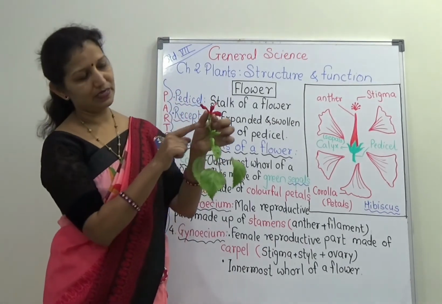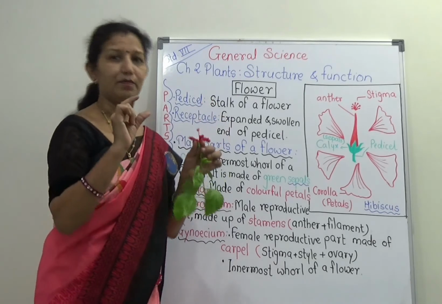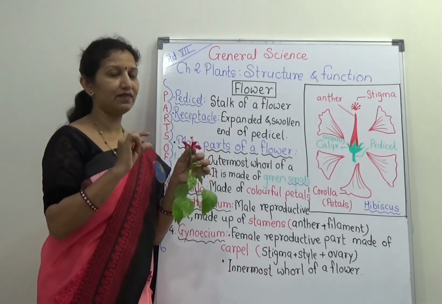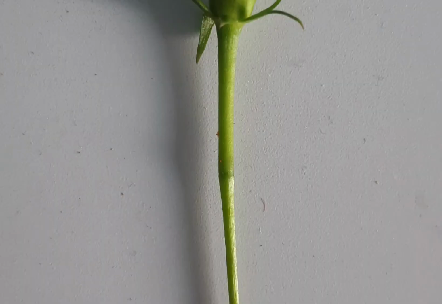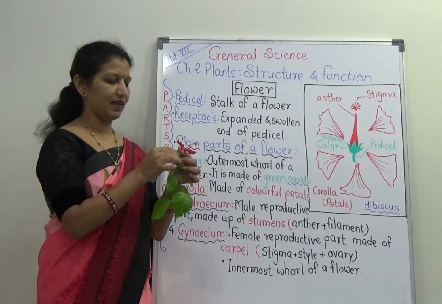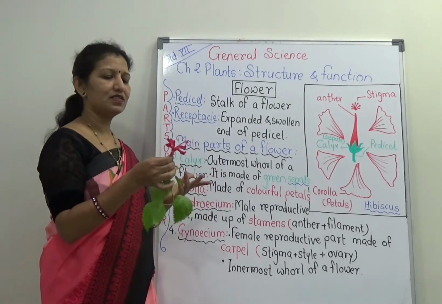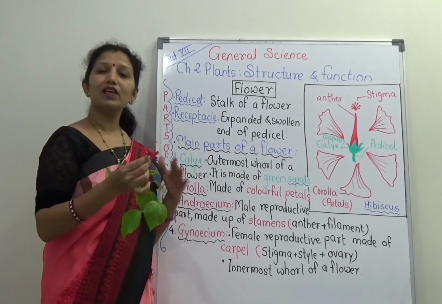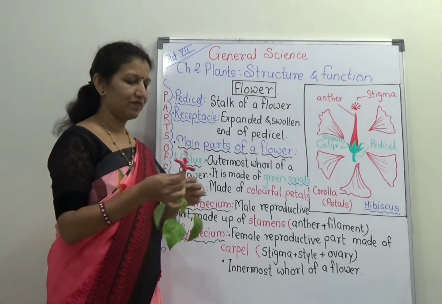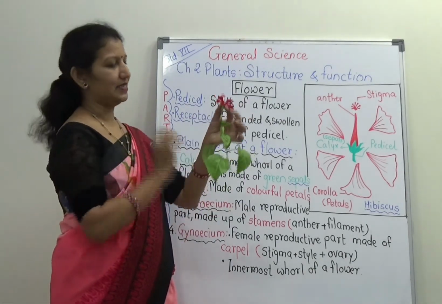It may be long, it may be short in some flowers, or in some flowers it is very short or near about negligible. So there may be a variety of flowers, and there may be so many differences in them. So this is the pedicel.